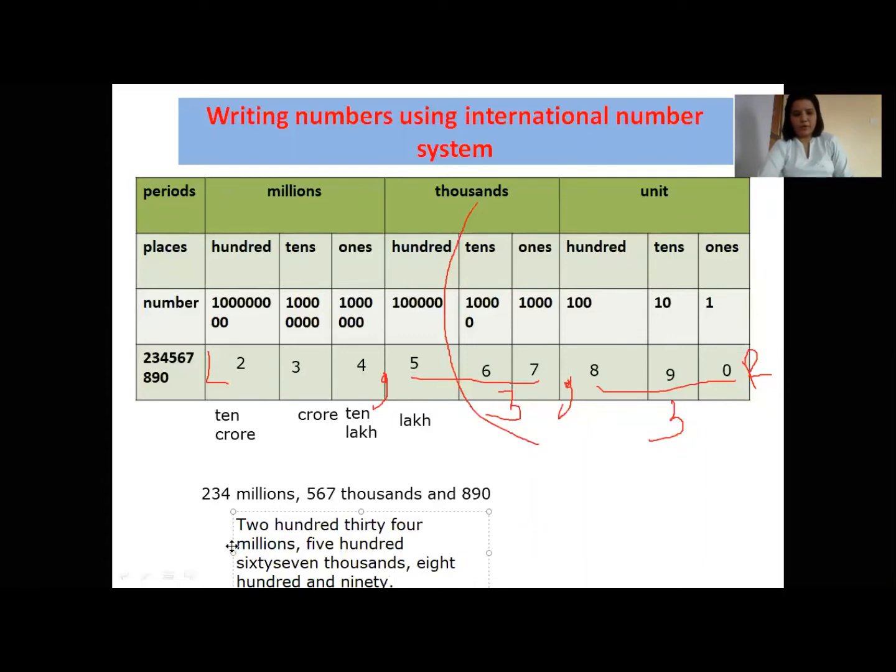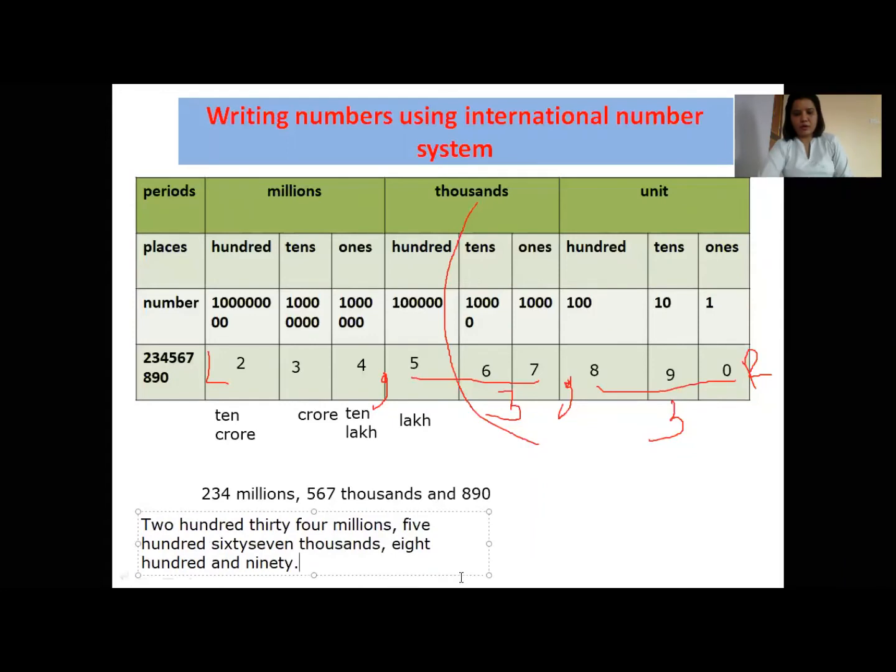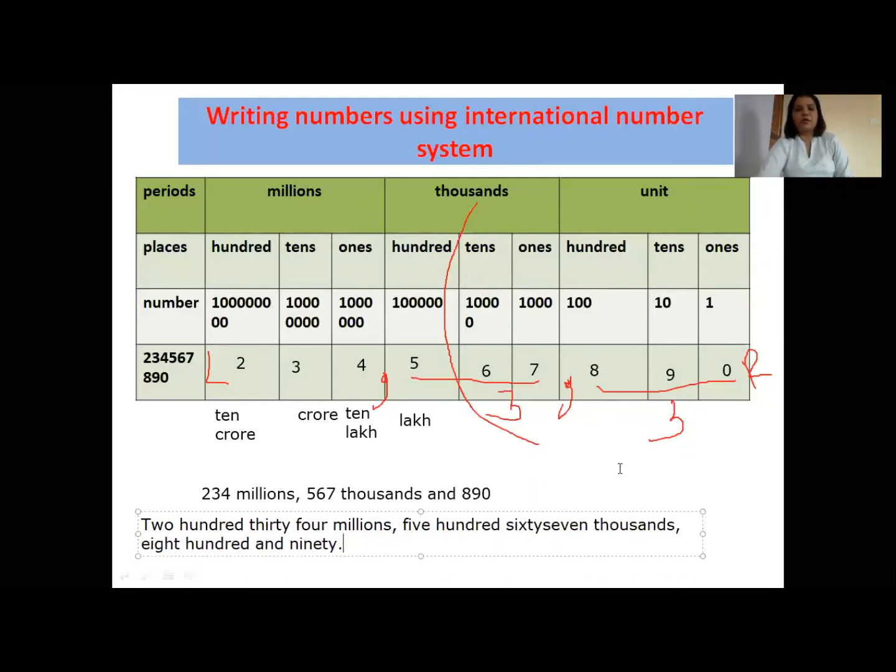So we can read the number as 234 million 567,890.